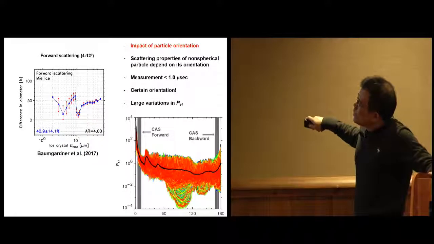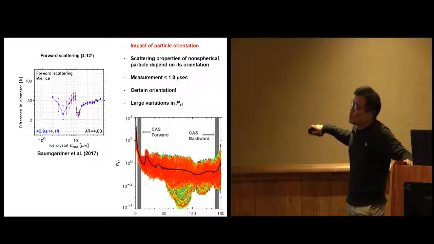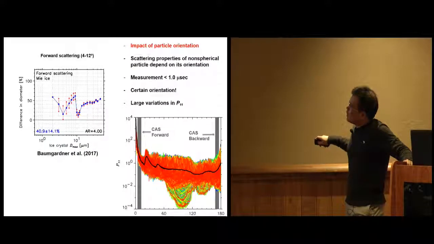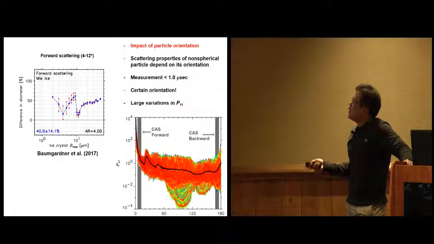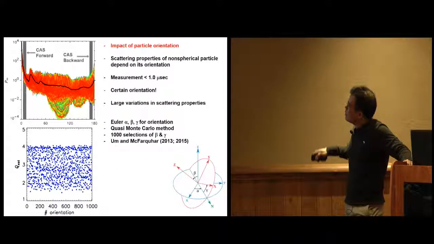Here, the gray shaded area is the forward and backward scattering region where forward scattering probes are working. By the way, this one is log scale. So there is a large variability, and we are dealing with these variations.